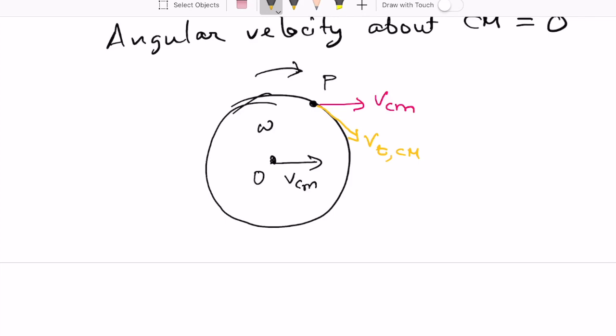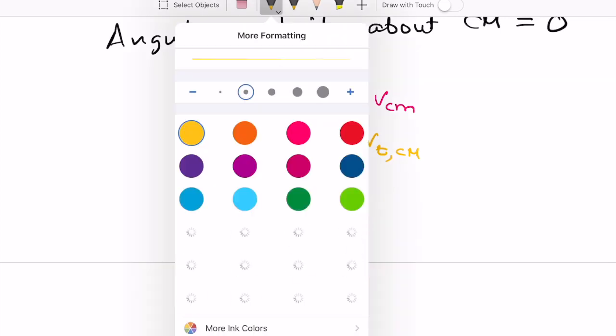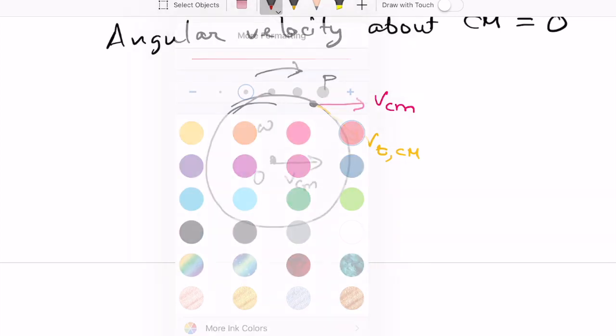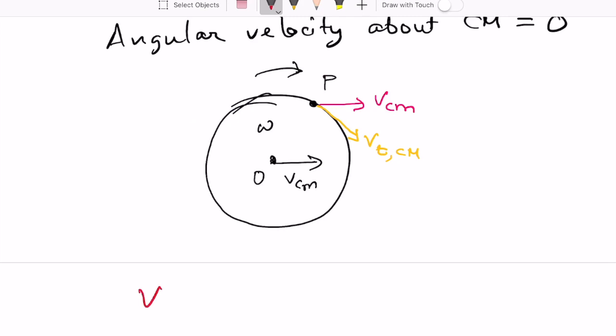And so what is the total velocity of the disk? It's going to be the vector sum of these two velocities, because it's got two velocities, which are being vector added to find the total velocity. So what is the total velocity of the point P? It would be the velocity of the center of mass plus the tangential velocity of that point relative to the center of mass.